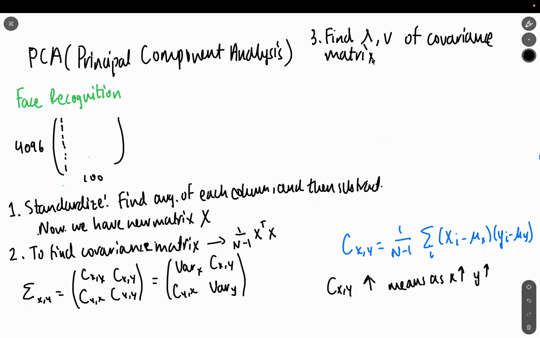I want to know where the values in my image differ the most. If I'm looking to compare two faces, everyone has a nose, everyone has eyes. I don't care. Knowing that something has eyes is not going to help me recognize. But if I know someone has a beard versus someone doesn't, and I'm able to recognize that beard pattern as a variant pattern and something that changes, that's going to help me recognize the face a lot.